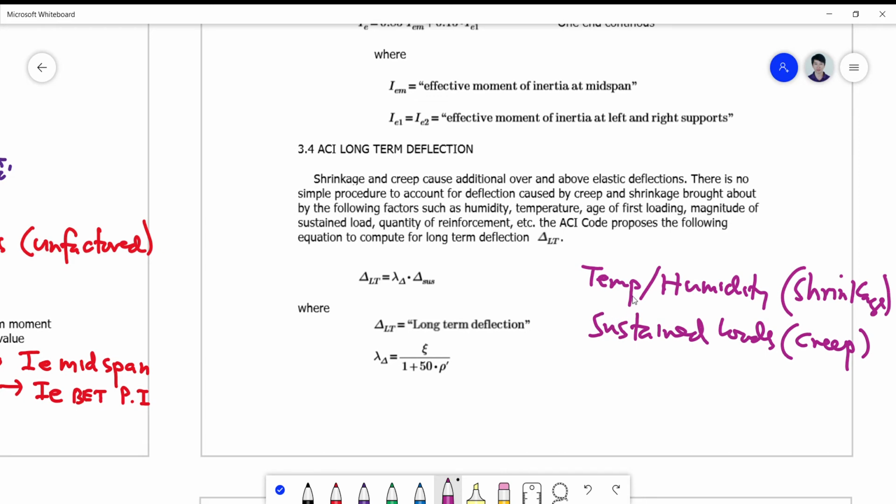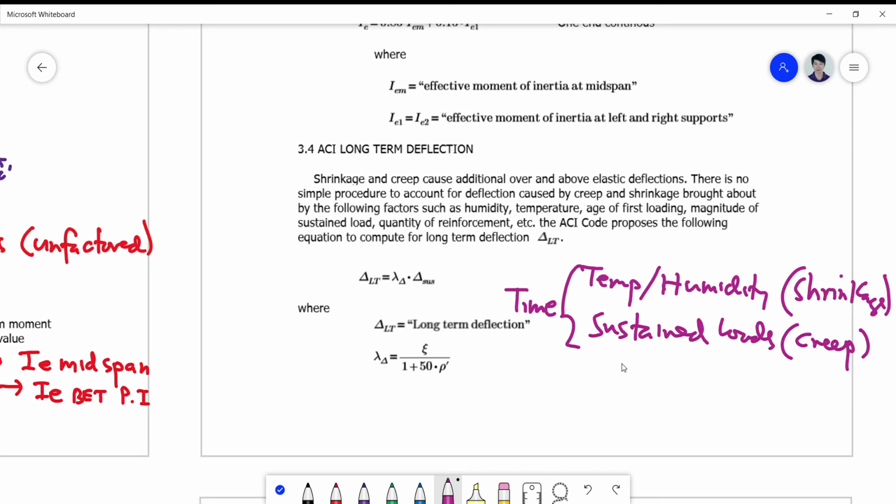Okay, so both of these are time-based parameters or variables because, without any external influencing load, the deflections are increasing due to the temperature, humidity, and sustained loads over a considerable period of time.